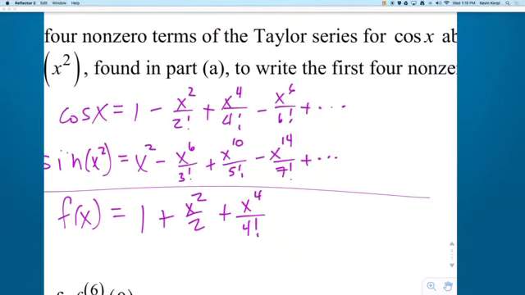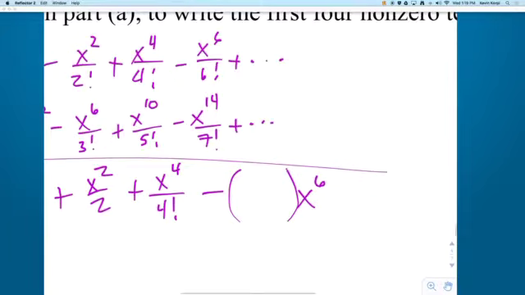So now, here's what I'm going to do. I'm not going to take too much time messing around with it. I'm just going to say it's negative, and I'm going to factor out the x to the 6th. And now if I factor out the negative, I can use the coefficients 1 over 3 factorial plus 1 over 6 factorial. Or you could just say minus a third minus a 6th.